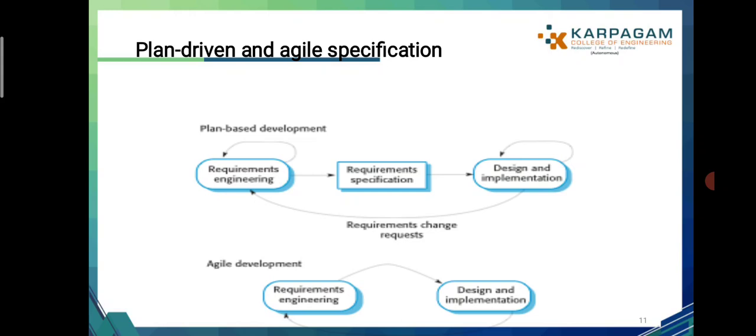So this is the main part of the agile method. But in the case of the plan driven approach, we first gather the requirements, then write the requirement specification, and then design. If any changes occur, we repeat the whole process once again. So this is the difference between plan driven and agile, right?